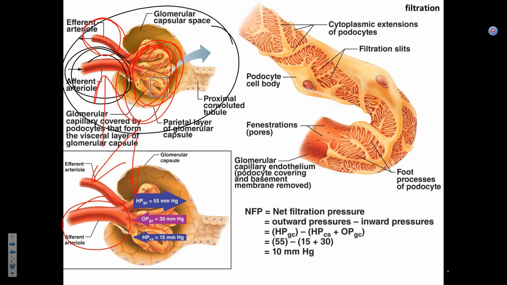Now if you look at the pressures that contribute to filtration, I just want to introduce you to this. This is the hydrostatic pressure in the glomerular capillary, which is 55 millimeters of mercury. This on the bottom is the hydrostatic pressure in the glomerular capsule, which contains filtrate, the future urine.